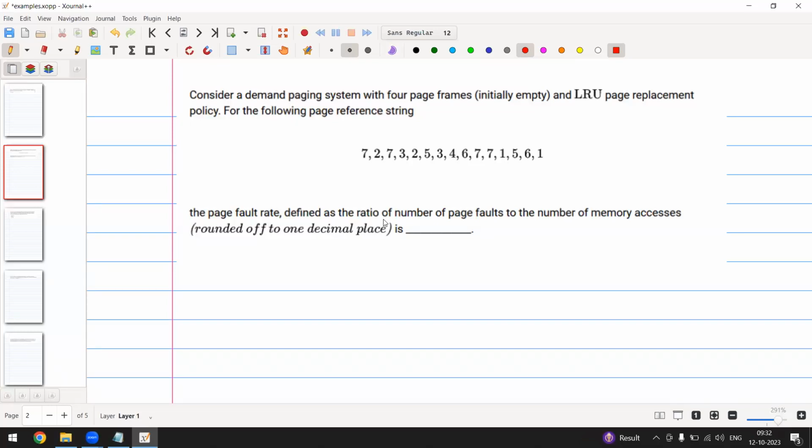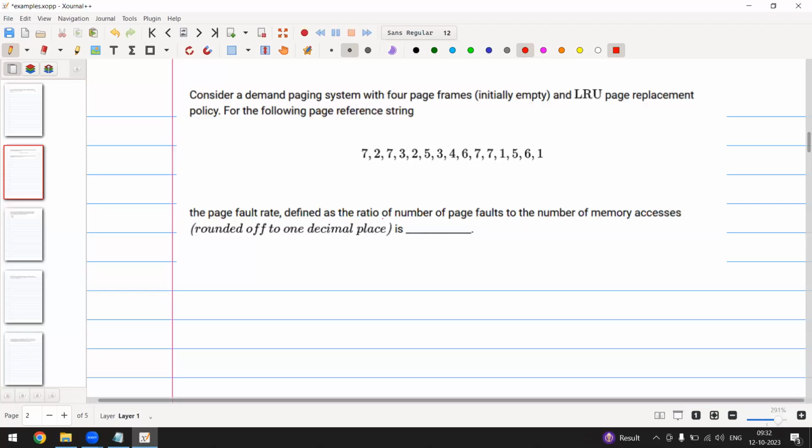In the first example, this example is based on the page replacement policy, LRU policy. Just a quick revision of LRU. Page replacement is when you have to load some pages into memory and memory is already full, so you have to select one page from the current pages, swap it out and bring another page in.